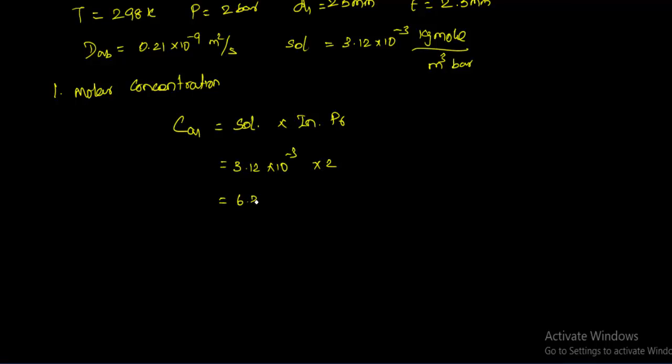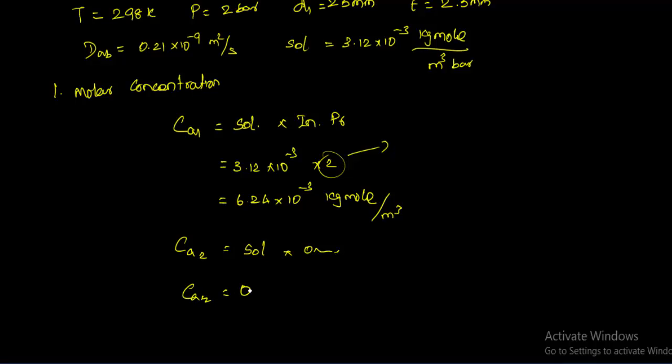So 6.24 into 10 to the power minus 3 kilogram mole per meter cube. You know why I am substituting the pressure in terms of bar, right? Similarly, C_A2 equal to solubility into outer pressure. Outer pressure is atmospheric pressure, that is 0. So C_A2 equal to 0.